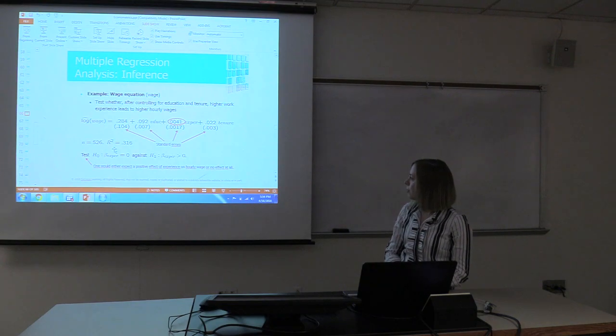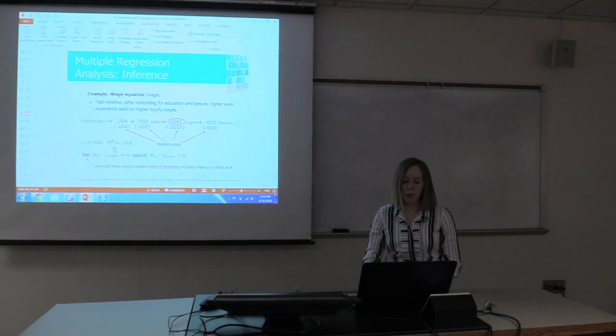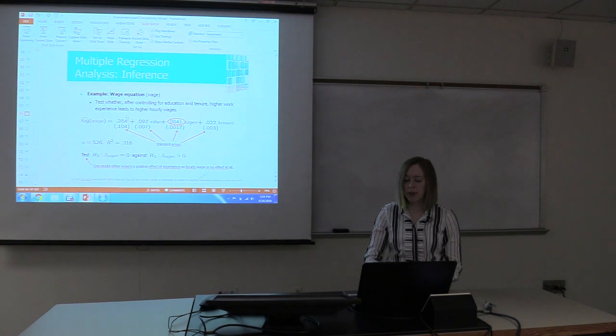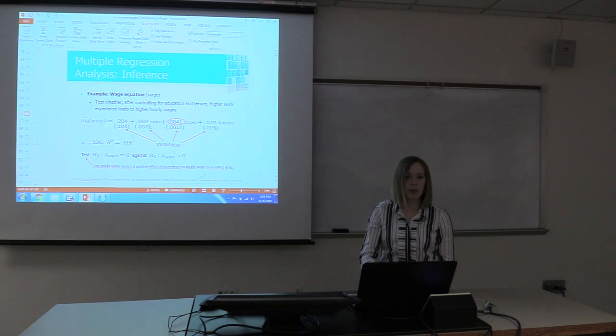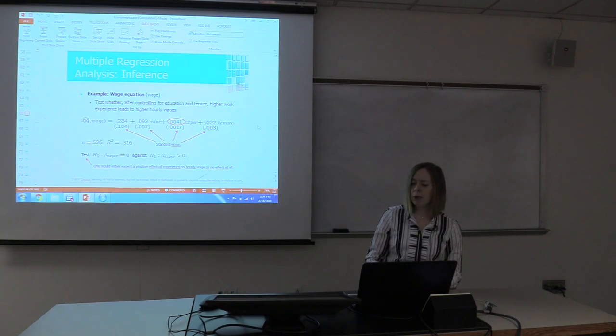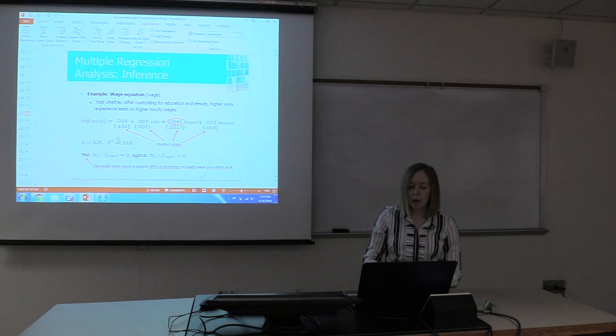So this would tell us that about 30% of the variation in wage is explained by this model. So we could probably stand to put more variables in here because we've only explained about 30% of the variation. But generally, the maximum possible value of R-squared is 1. Generally, you're not going to get anywhere near that. So 0.3 actually isn't that bad.